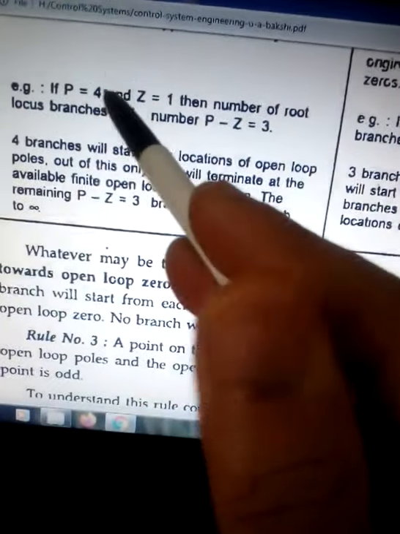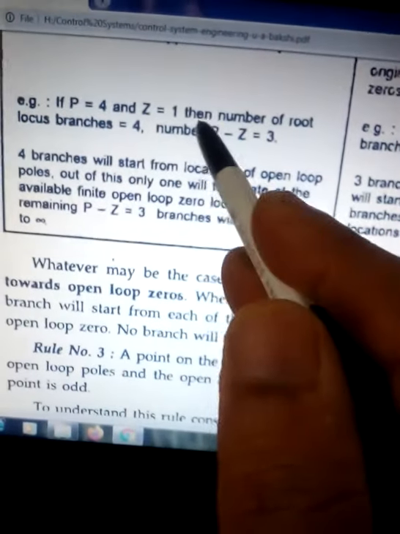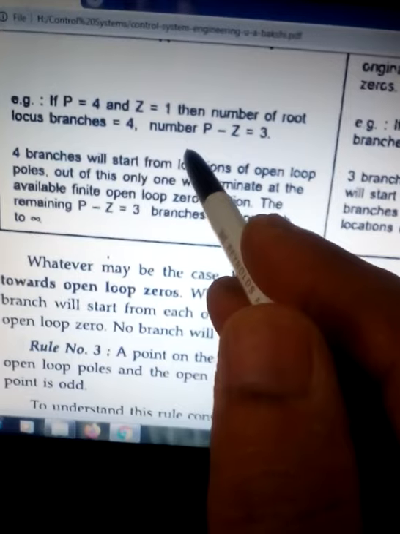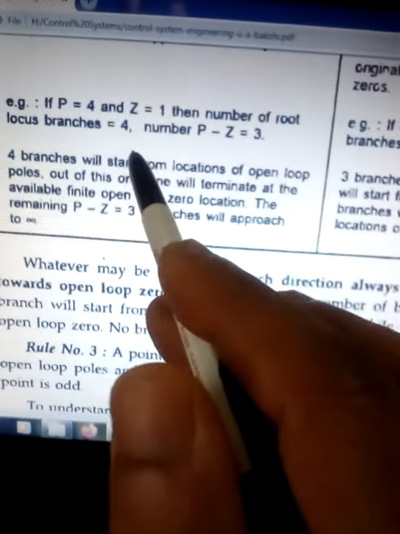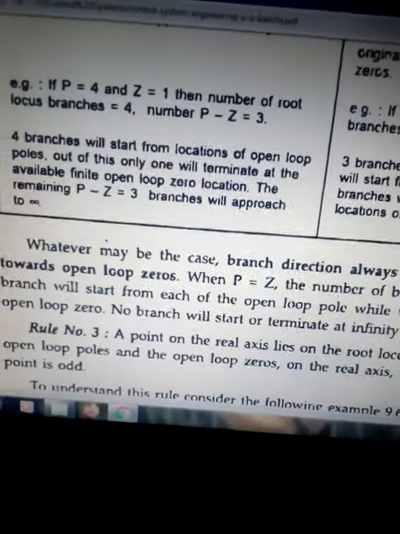In this case we have 4 poles and 1 zero, so one pole will end at the zero, and the remaining 3 poles will approach infinity.